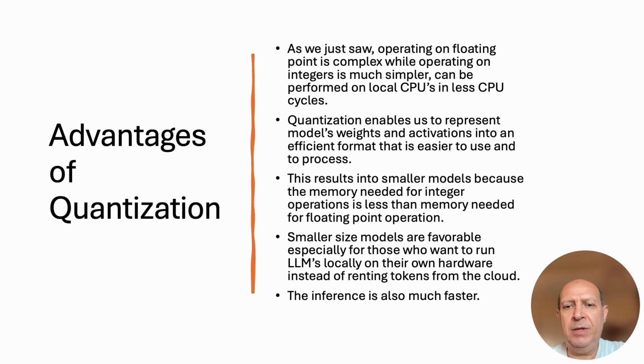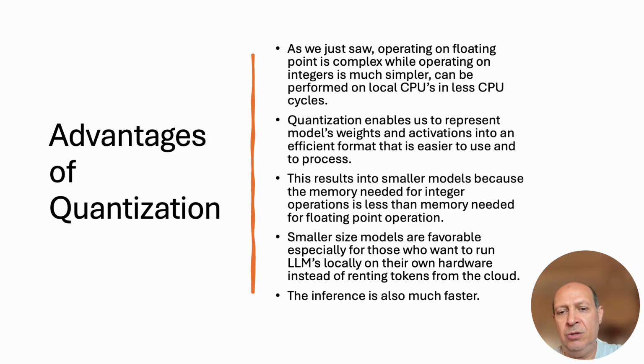We saw that operating on floating point is complex, while operating on integers is much simpler. It can be performed on local CPUs in fewer CPU cycles. Quantization enables us to represent models' weights and activations in an efficient format that is easier to use and to process, especially when we are dealing with thousands and millions and maybe billions of weights and activations on large models.